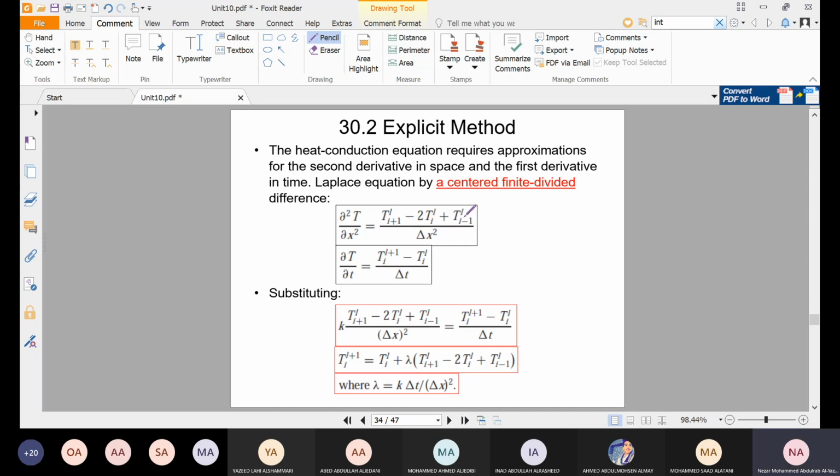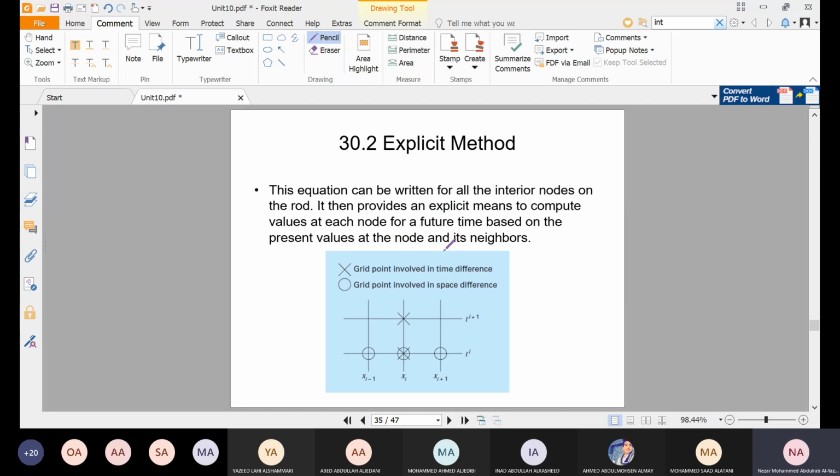Here n is represented by L. Okay, so this is n or L. So L represents the time, and you can see here this is the equation. So for all the nodes, we compute the values with some unknowns. So the temperature at xi or at ti+1 depends on the values given at time n, so at the previous time.